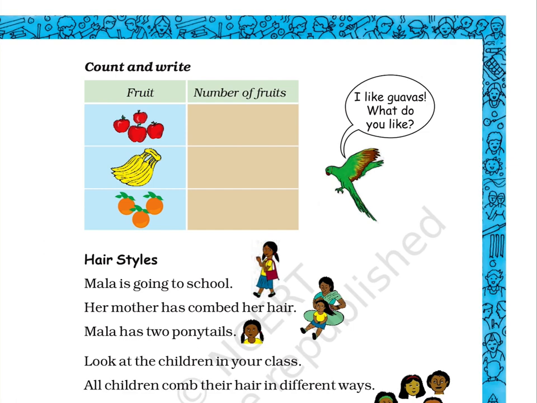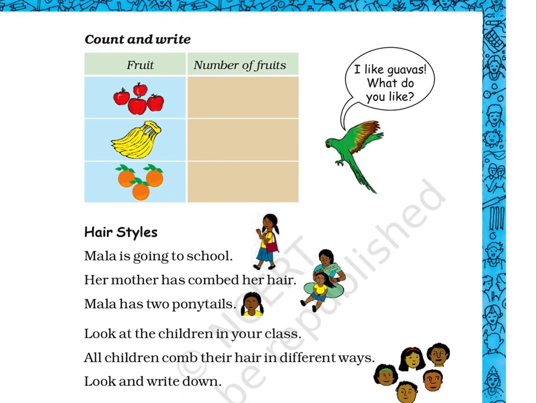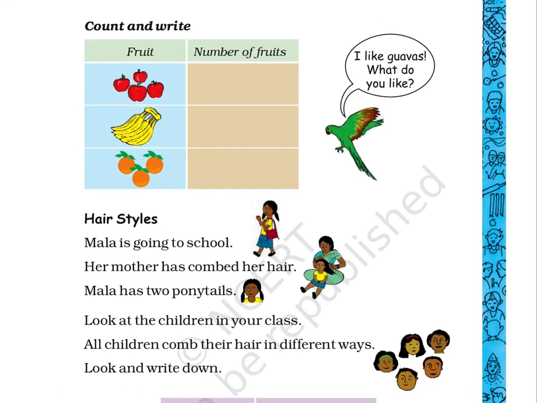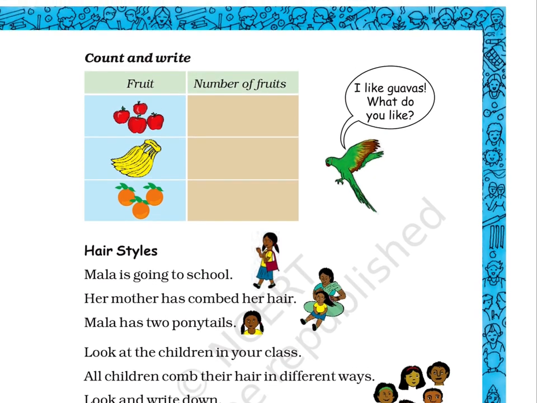Row 3. Column 1 has picture of 3 oranges. Column 2 has empty space for writing number of fruits. On the right side there is a picture of a parrot who is saying, I like guavas. What do you like?